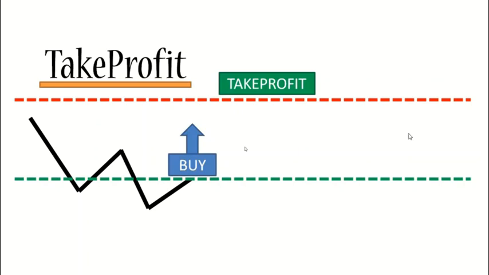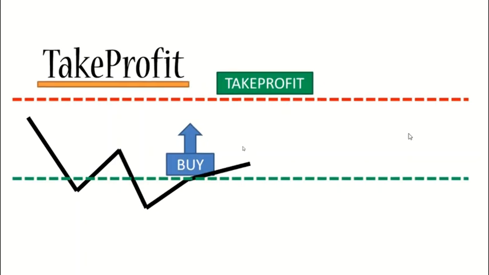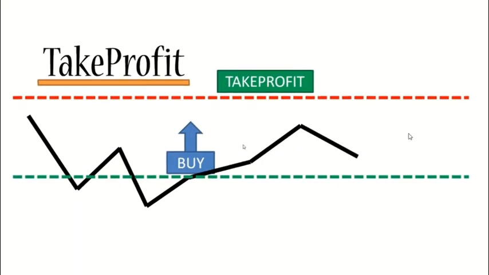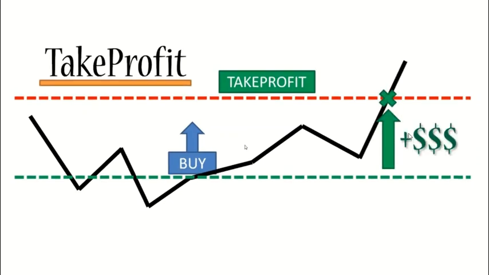So you're like, if it reaches this area, I want to exit, and I want to keep whatever money I would have made from this trade. So that's where you would set your take profit. What would happen is the price action would move in your direction and hit your take profit. This is where you'll be automatically exited with your profits, and you would get to keep the profits.